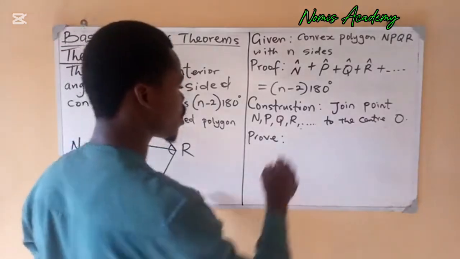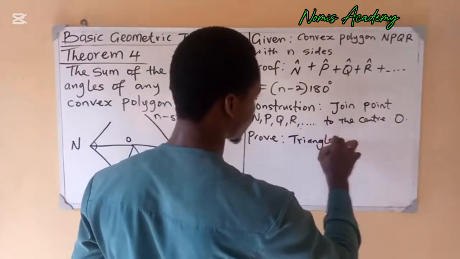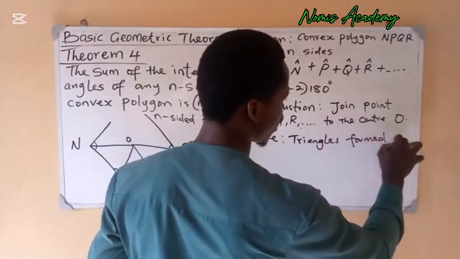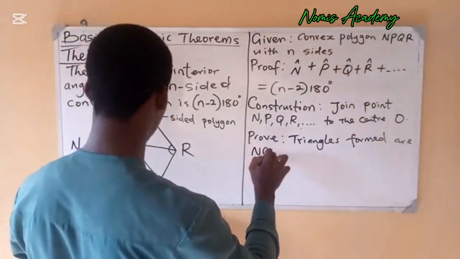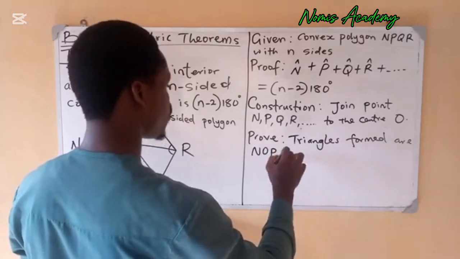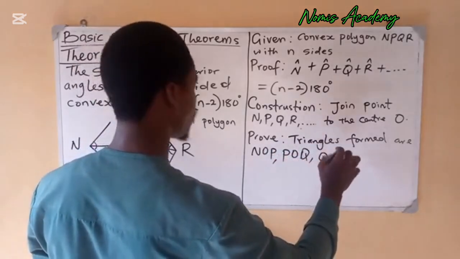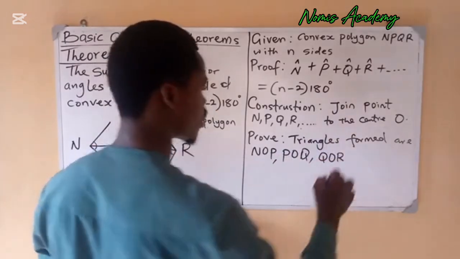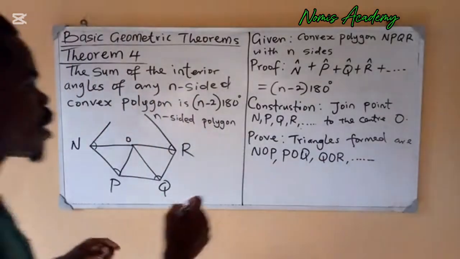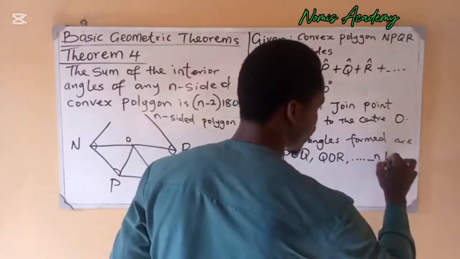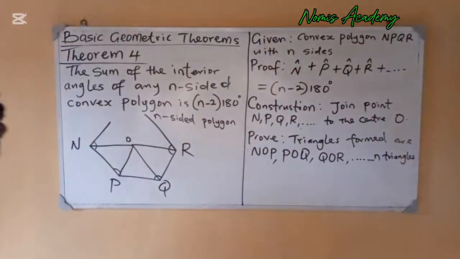The triangles formed are triangle NOP, POQ, QOR, and so on up to, okay, we also need to write n triangles. So we have this.